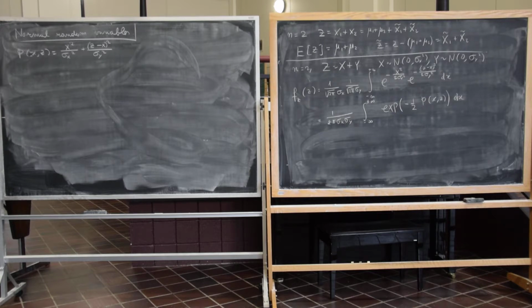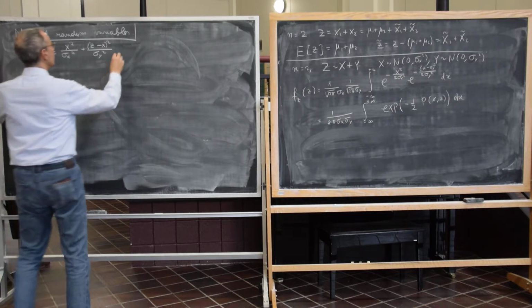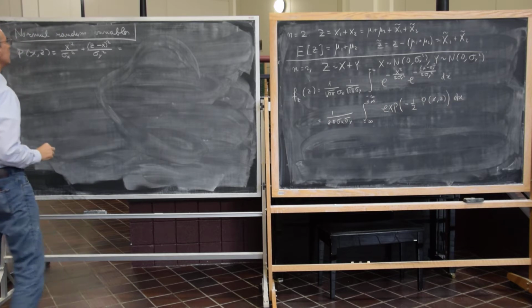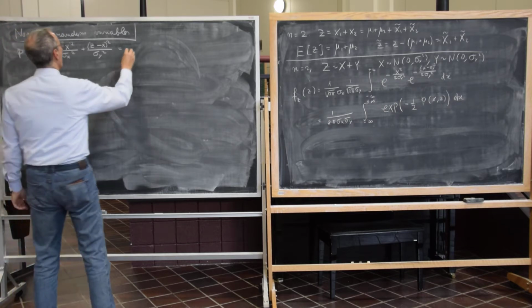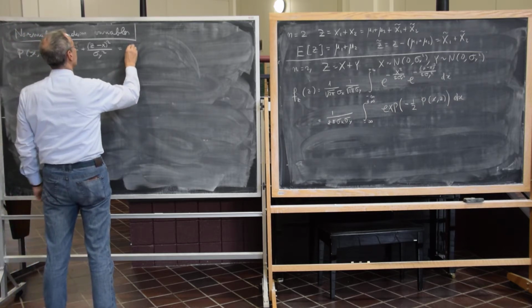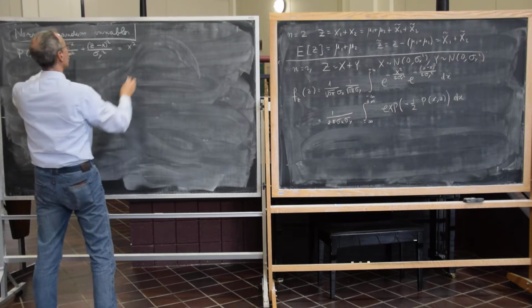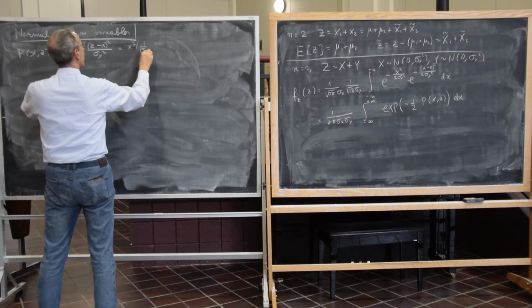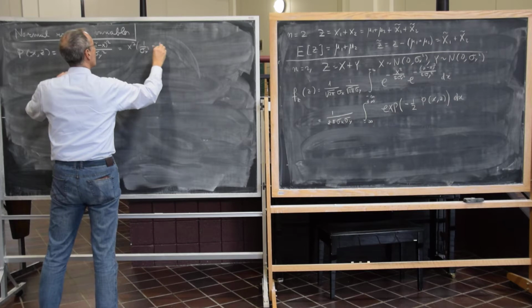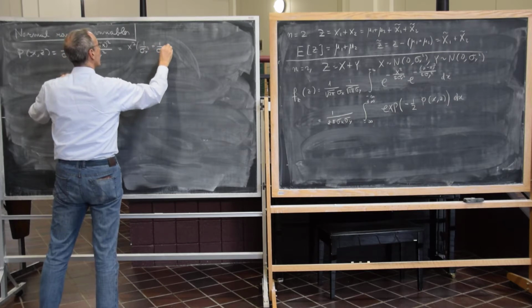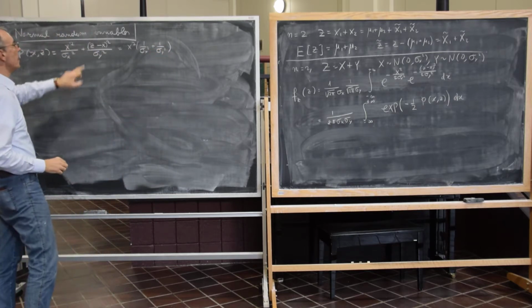Okay? So this is equal to x squared times 1 over sigma x squared plus 1 over sigma y squared, which comes from here.